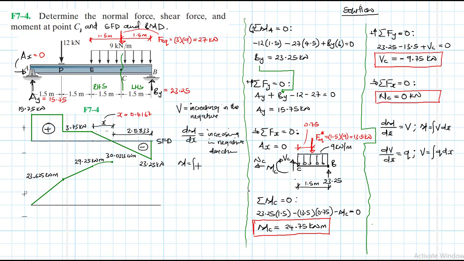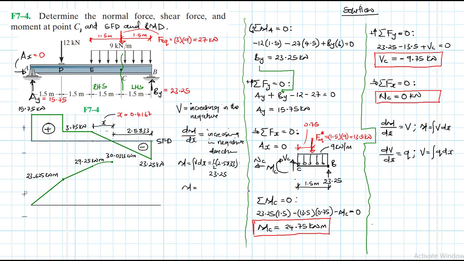This is just the area under the shear diagram, and that's just a triangle, so it is just half times the length, which is 2.5833 times 23.25.